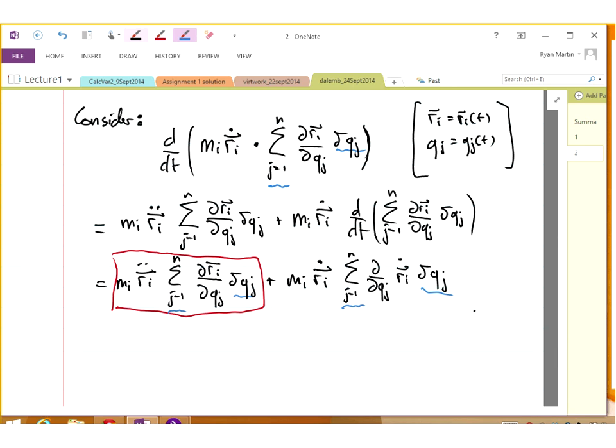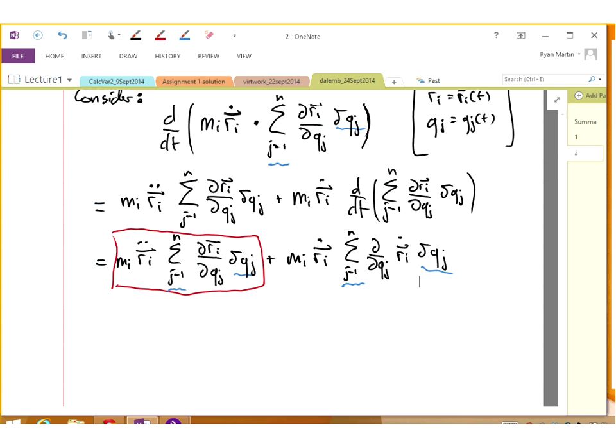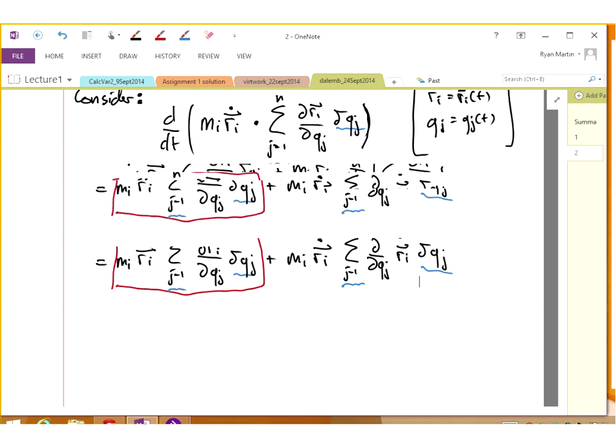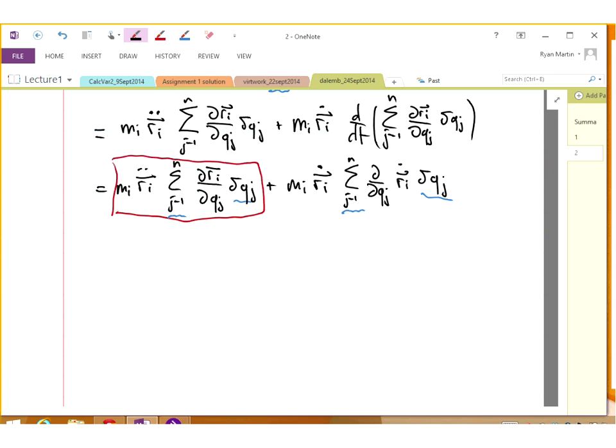So I'm going to rearrange this equation now, and I'm going to drop the sum over j and the delta q_j. I'm also going to rearrange it so the red term is on a side by itself. So we have, without the sum, this first term here is m_i r_i double dot.